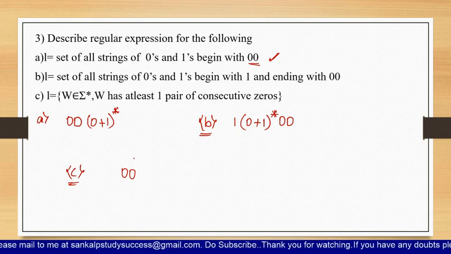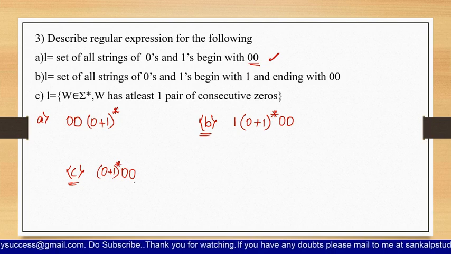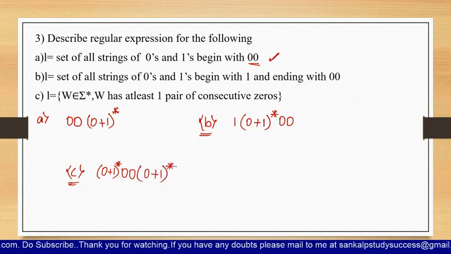For anything, you should have a consecutive pair of zeros. That means before this consecutive pair of zeros, you can have any combination of 0 and 1, and also after 00, you can have any number of combinations of zeros and ones. So you can also have (0+1)*.